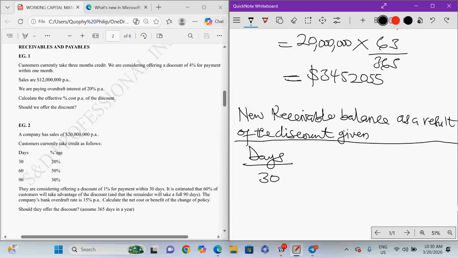So they said they are considering offering a discount of 1% within 30 days, right? It is estimated that 60% of customers will take advantage of the discount, right? So 30 days would attract 60% people, right? So that is giving us how much?